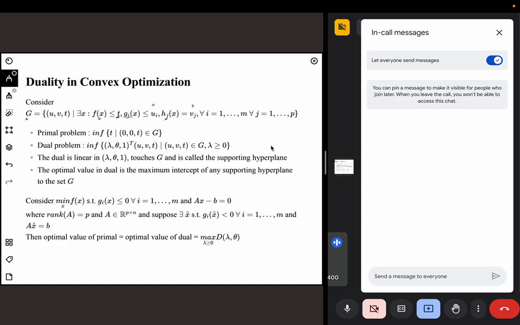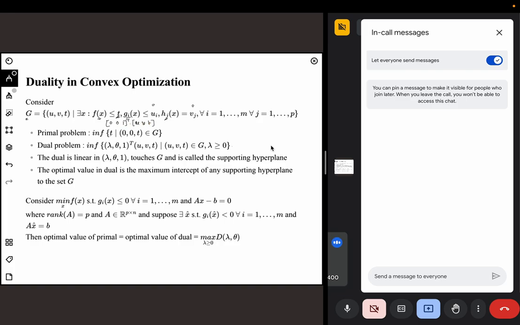The only advantage that we get here is that even in the primal space, this is a linear problem. We know f of x can be some nonlinear function, any function, whatever it is. But the way we defined it, if we define g in this particular way, it becomes a linear function. So this is basically just t. You can think of this as c transpose x, where your c is 0, 0, 1, and your x is basically u, v, t.